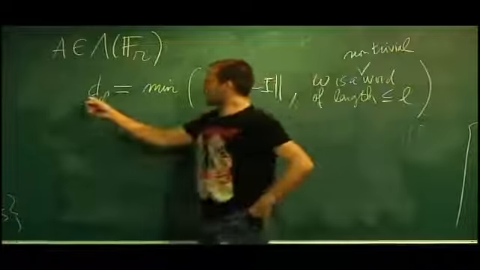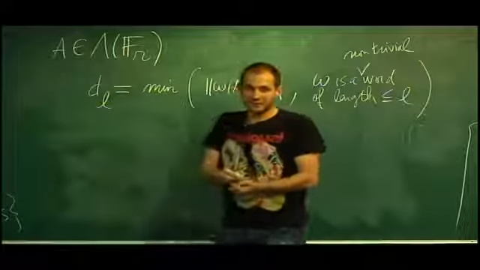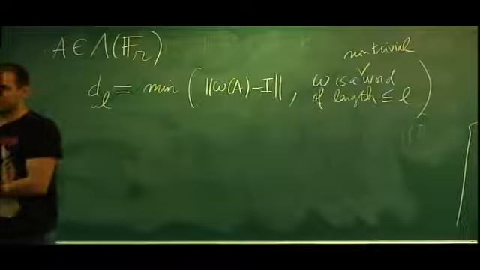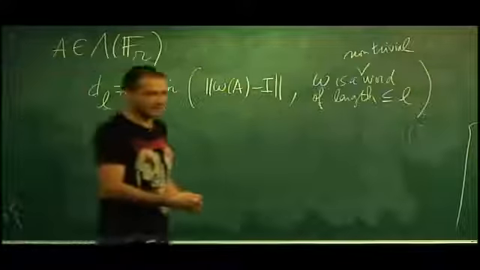if a word of length L is going to be far from the identity, any word of length L is quite far from the identity. Let's say we have an exponential bound from below. Then, if by perturbation of your representation you cannot make this word go to the identity, you will have to move a lot. This is the idea.